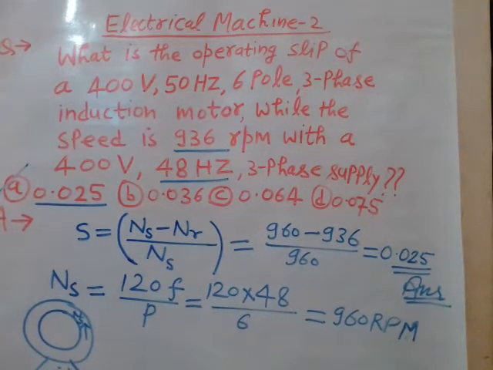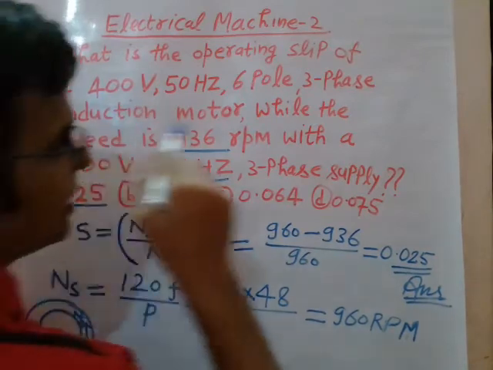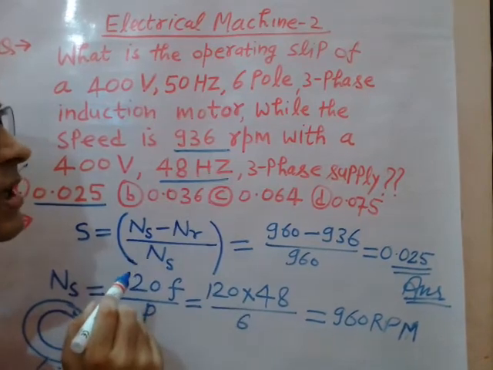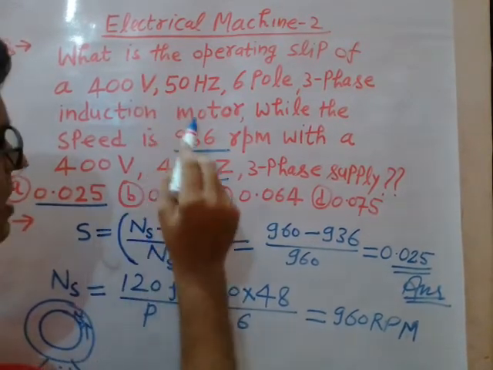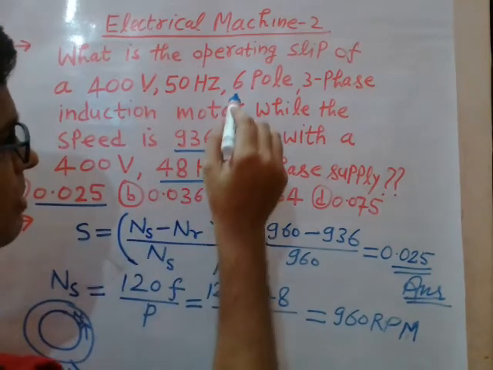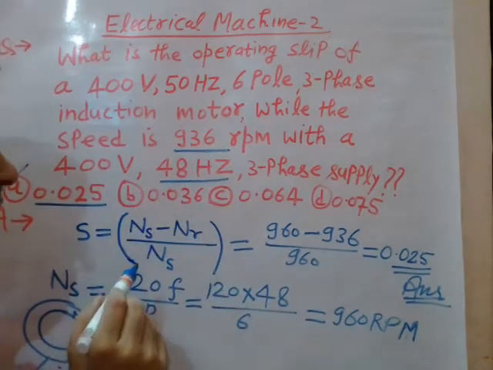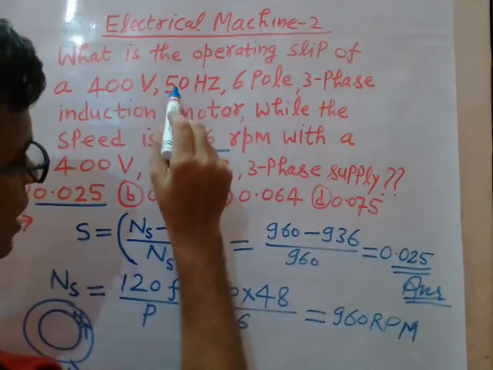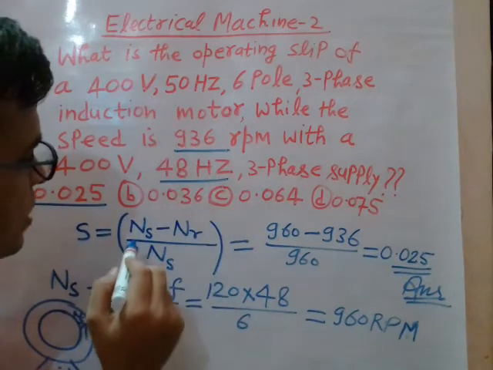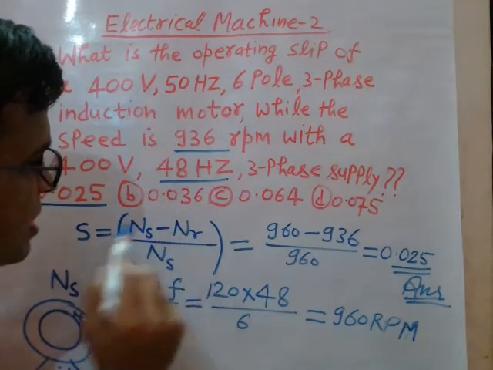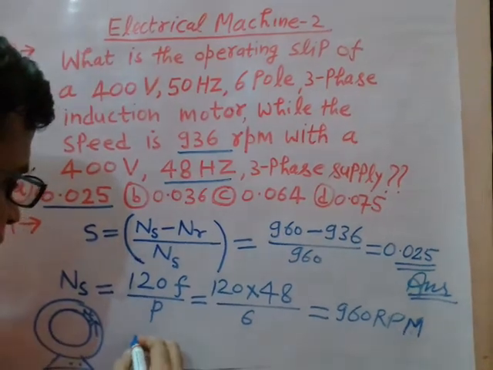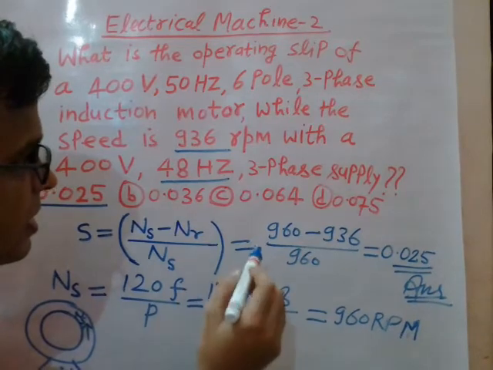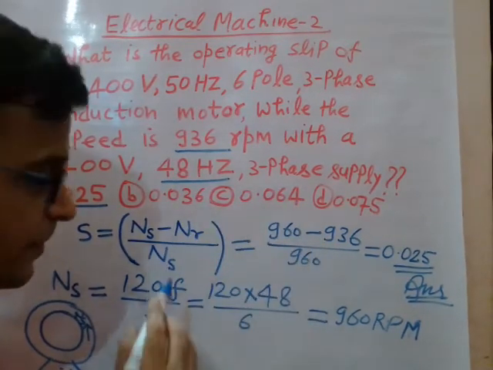Now see here, if you calculate the synchronous speed ns at 50 hertz, which is wrong, it will come to 1000 rpm: 120 into 50 divided by 6, that is 6000 by 6, which is 1000. Then the slip is (1000 minus 936) divided by 1000, and you will get 0.064.